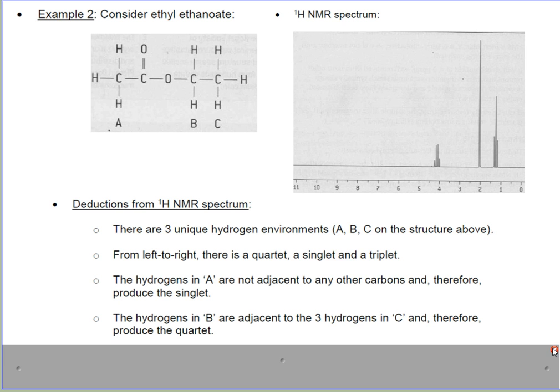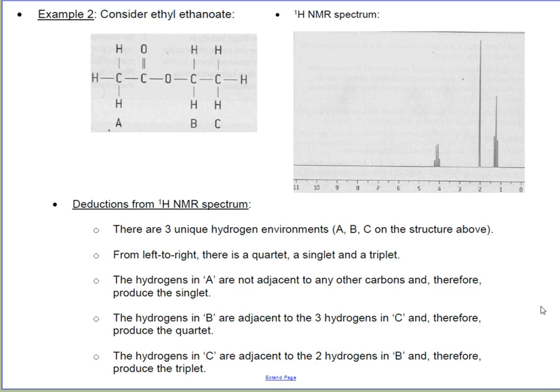Now lastly is group C. In group C, all we have nearby is this little CH2. So N+1, 2 + 1 is 3, we get our triplet. So that's what's causing the triplet there. This is just an example of how to look at a structure and the NMR graph and interpret information from it.